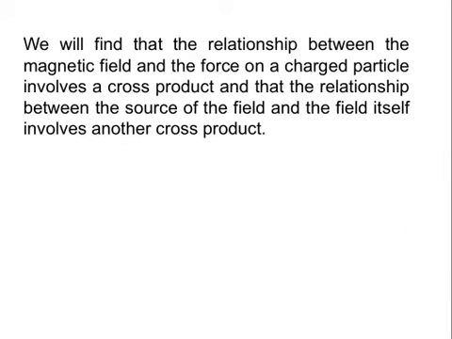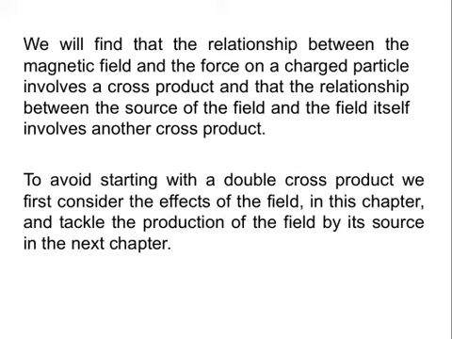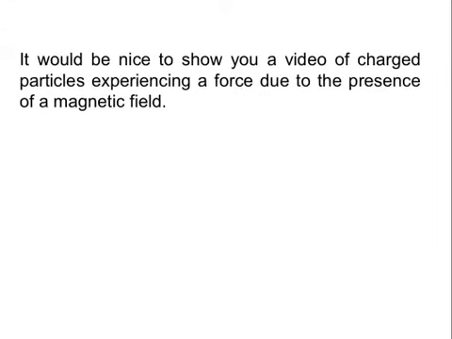We will find that the relationship between the magnetic field and the force on a charged particle involves a cross product, and that the relationship between the source of the field and the field itself involves another cross product. To avoid starting with a double cross product, we first consider the effects of the field in this chapter and tackle the production of the field by its source in the next chapter.